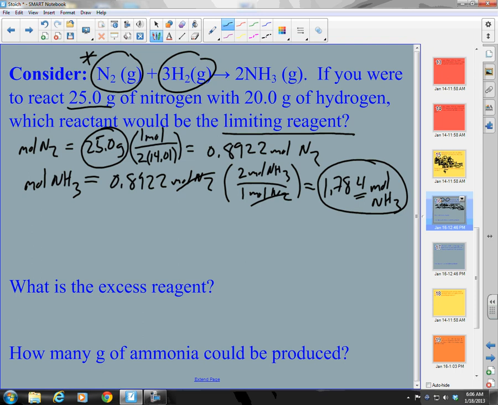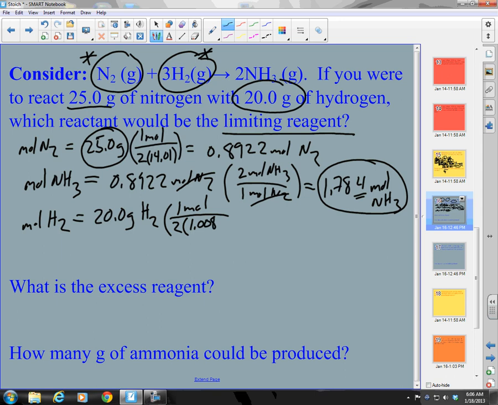of ammonia. Now we do the same thing with what? With my hydrogen. So we're going to take hydrogen and its grams. So we're going to get moles of hydrogen. And moles of hydrogen are going to be 20.0 grams of hydrogen, H2, times what? 1 mole per 2 times 1.008.